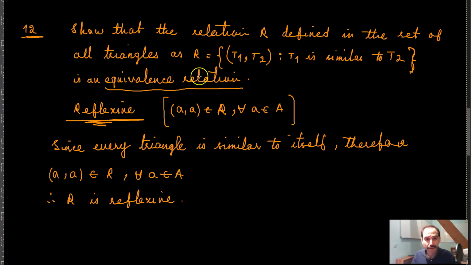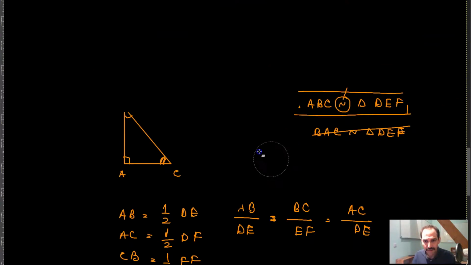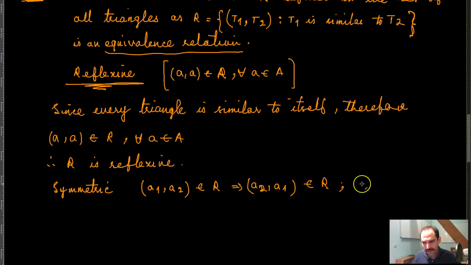Now to show that R is symmetric, the condition for R being symmetric is that if (A1, A2) belongs to the set R, it implies that (A2, A1) also belongs to the set R for every A1, A2 belonging to the set A. So that is the condition.